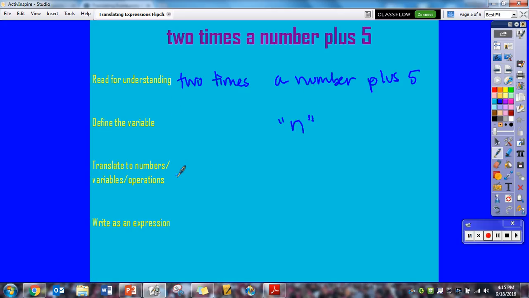Then we need to translate. So if we're moving down here, 2 times would be 2, and then we have some times something. And in this case, we're multiplying it by a number, and then we're plus 5. Well, we know plus means addition, so we get plus 5. So then when we put it all together, we get 2n plus 5.